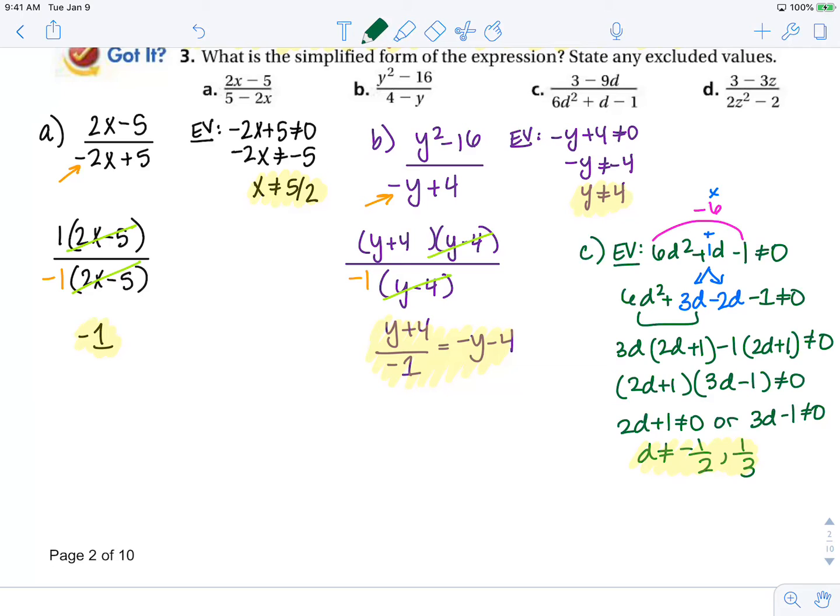So now, oops, I forgot to rewrite my numerator in standard form. It should be negative 9d plus 3, and that's being divided by 2d plus 1 times 3d minus 1.